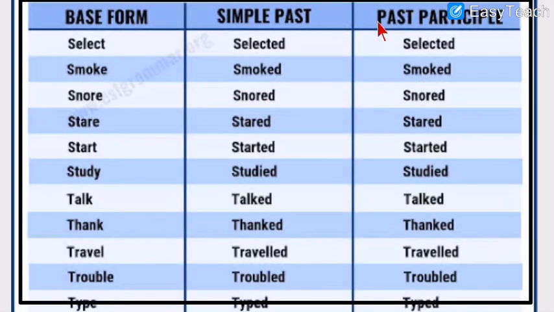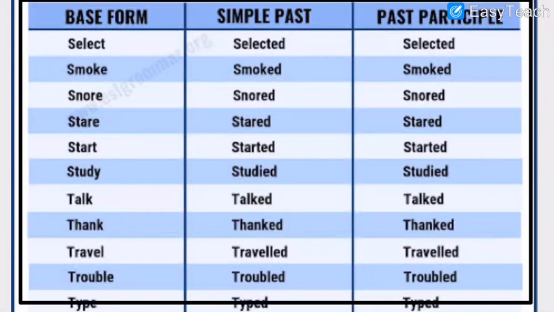The past participle form is not required in this chapter, but let us include it. You will just write base form, draw a line, simple past, draw a line, and past participle. That's it. You don't need more than 1 or 2 minutes to make this table.